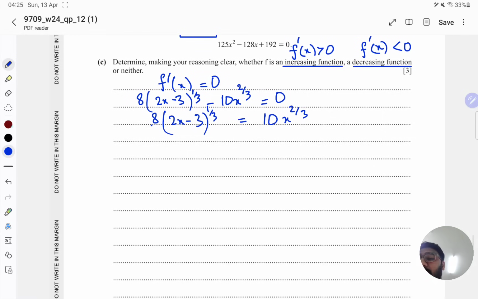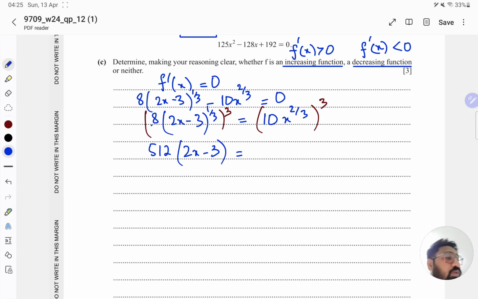So to get rid of the cube root, we can take cube on both sides. This cube is going to be 8 power 3, which will be 512 bracket, this will cancel out, so 2x minus 3, it will be equal to 10 to the power of 3, which is 1000x power 2.